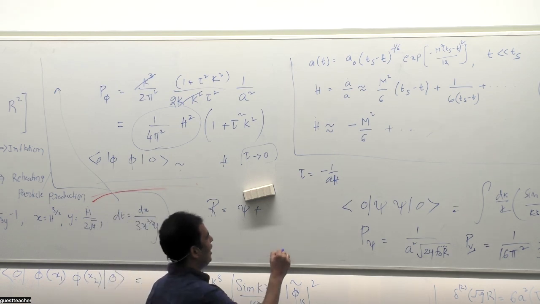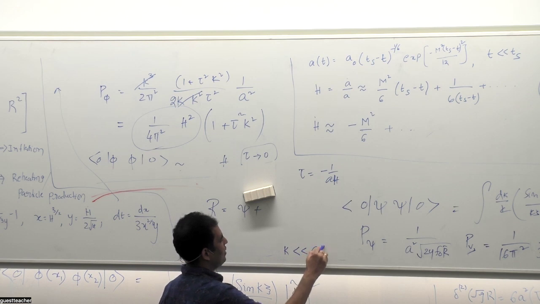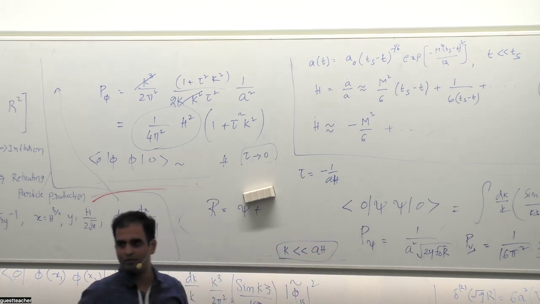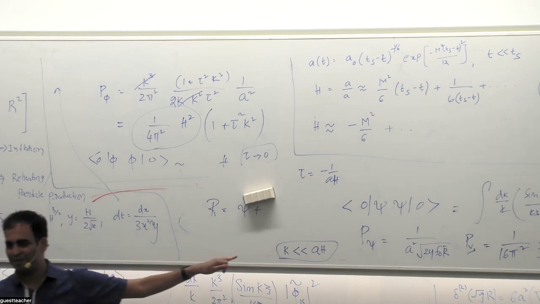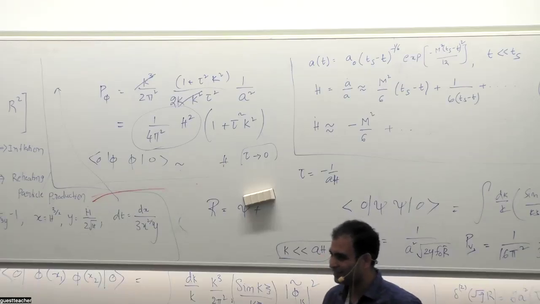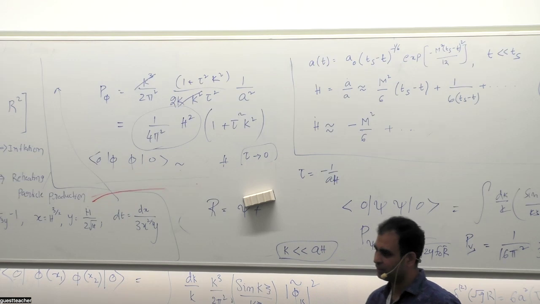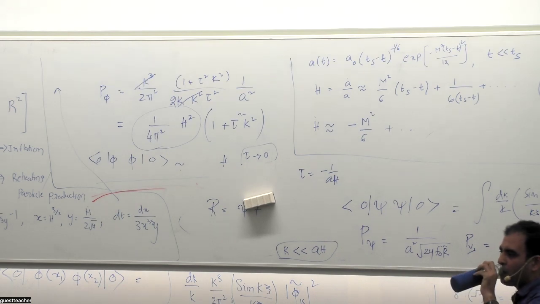But k going to zero is nothing but this super horizon limit. So you can either say it this way or tau going to zero. Actually, this way is better. So we should say it this way. The wavelength will be larger than the particle horizon.